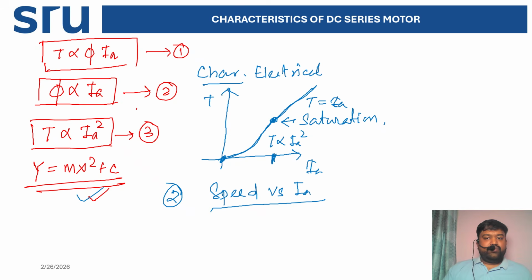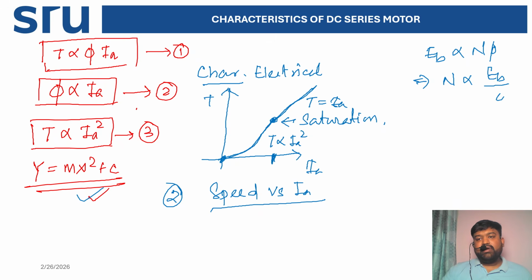When we are talking about speed versus current, first we find the equation. We know Eb is directly proportional to n phi, then n is directly proportional to Eb by phi, and here we know that n is directly proportional to V minus Ia Ra by phi.